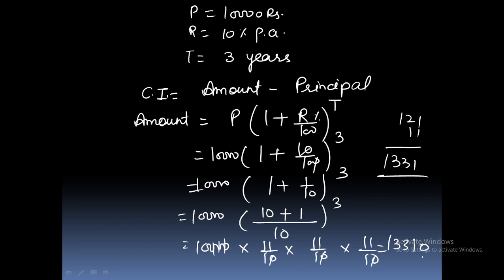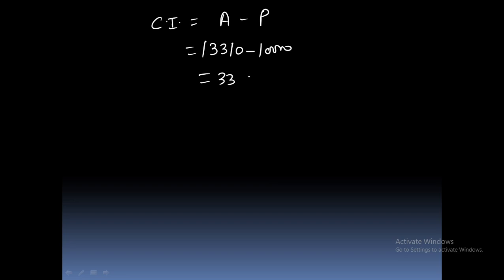That means 13,310 rupees is the amount which will be paid by the borrower at the end, and compound interest will be amount minus principal, 13,310 minus 10,000, which is 3,310 rupees. That is the compound interest.